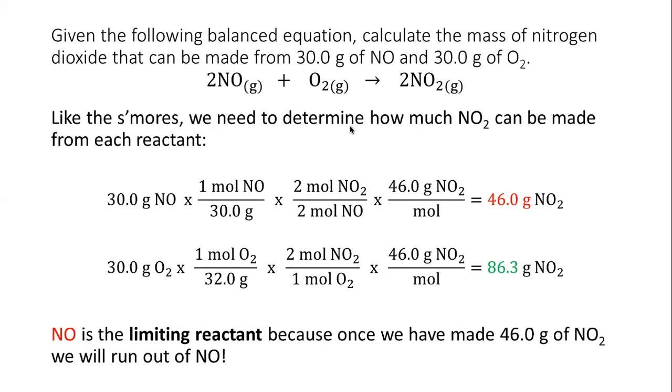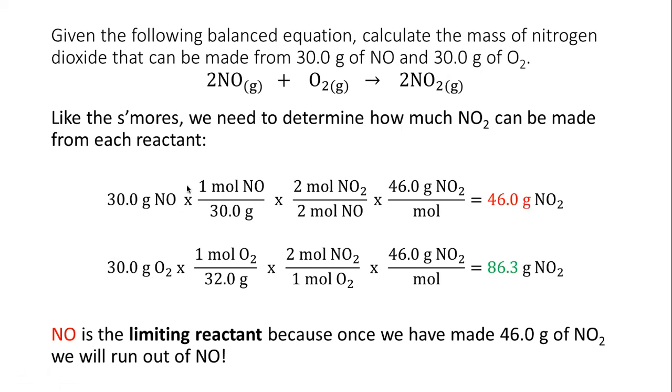Like the s'mores, we need to determine how much we can make from each reactant. So we're going to start by setting up equations like we did in the previous slide for each of our reactants. We are given that we have 30 grams of nitrogen oxide and 30 grams of oxygen. Let's start with NO first. So let's set up our equation just like we did before.